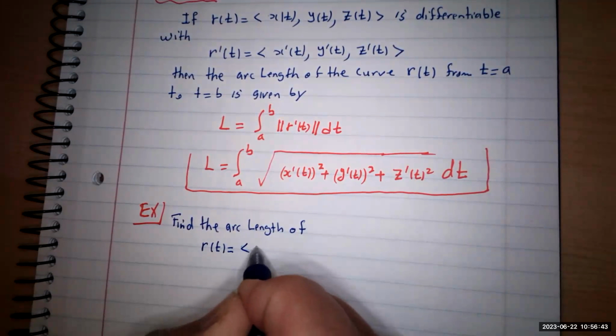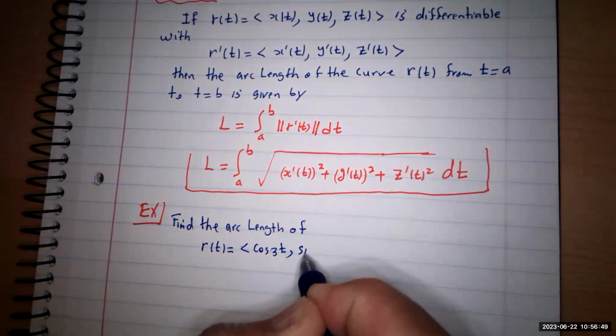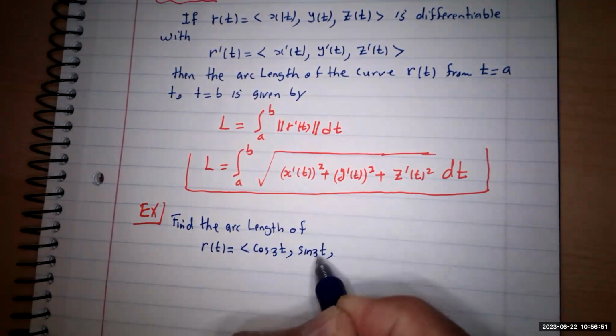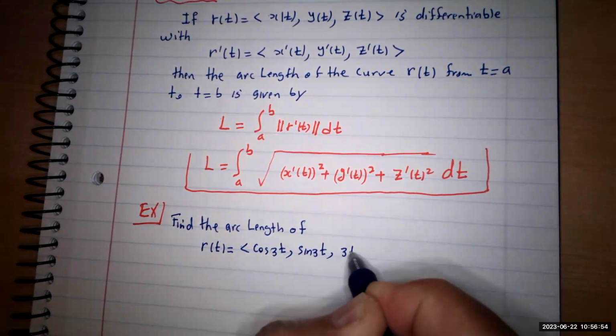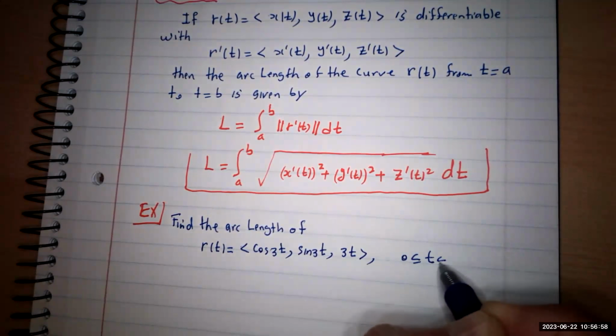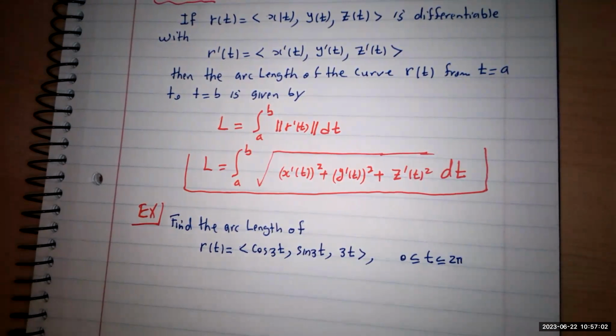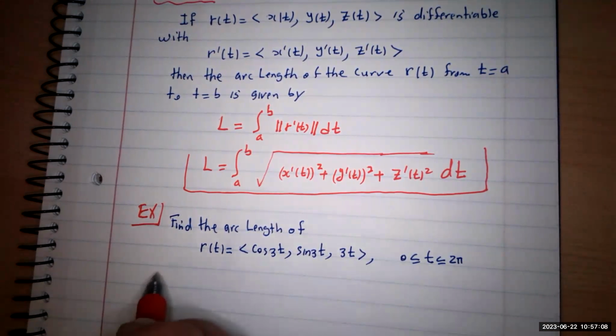This is the best case because this is a helix. Anytime you see a helix, this is an easy case. Then I'll give you another one to show you there is algebra involved.